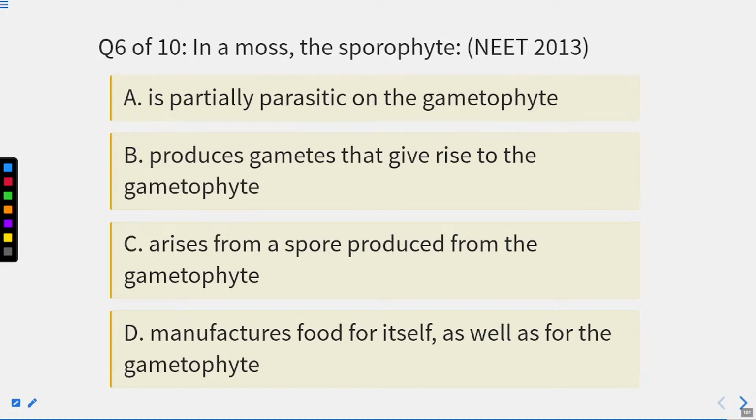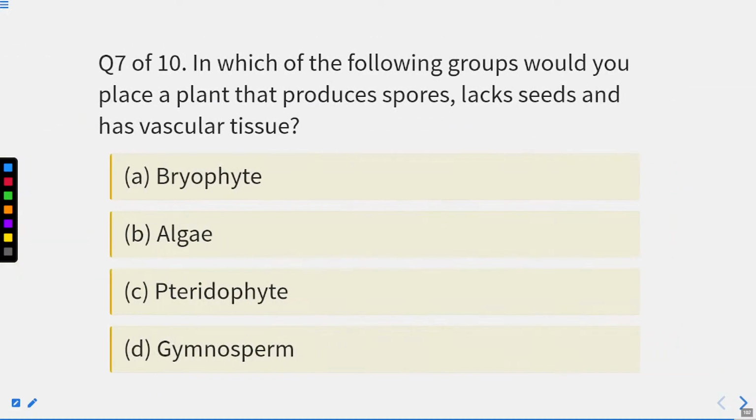Okay, so I'm giving you the next question. In which of the following groups would you place a plant that produces spores, lacks seeds and has vascular tissue? So which group of plants has these characteristics: that produces spores, lacks seeds and also has vascular tissue? What are the options?